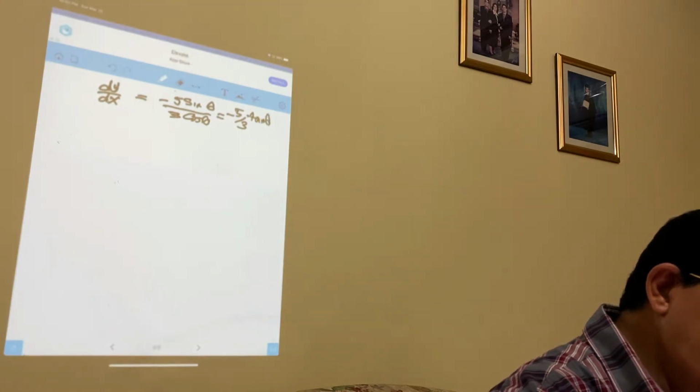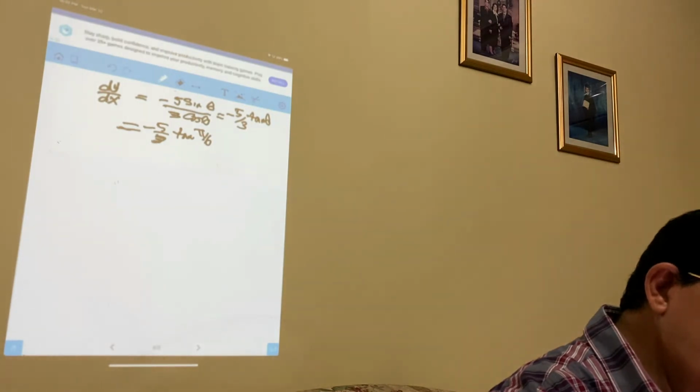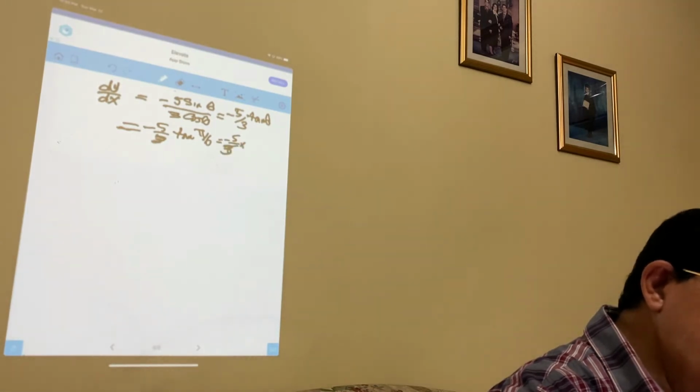At this point, therefore, it is negative 5/3 tan pi/6, and tan pi/6 is √3/3.